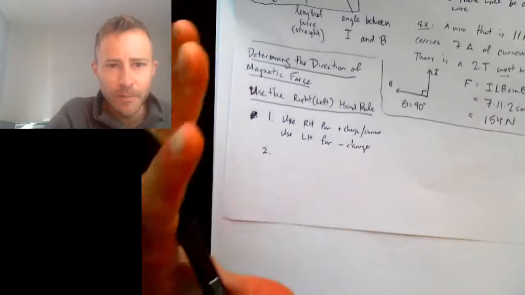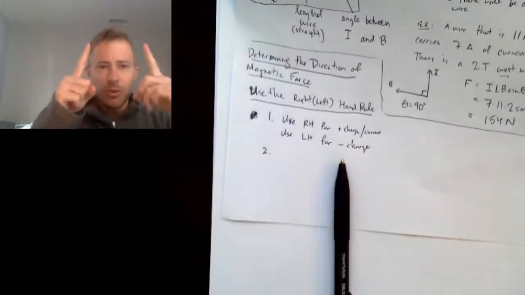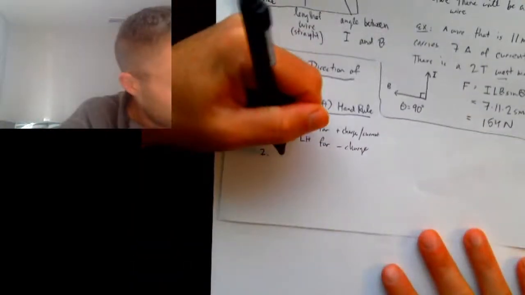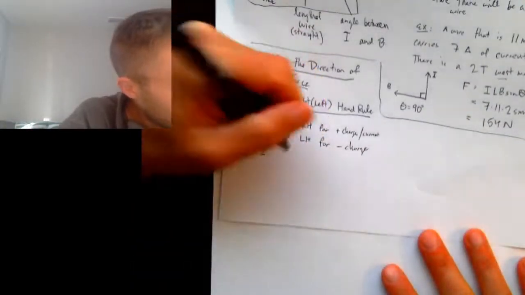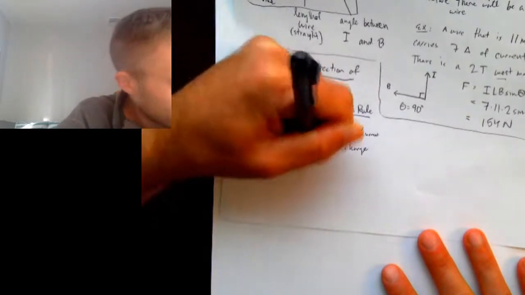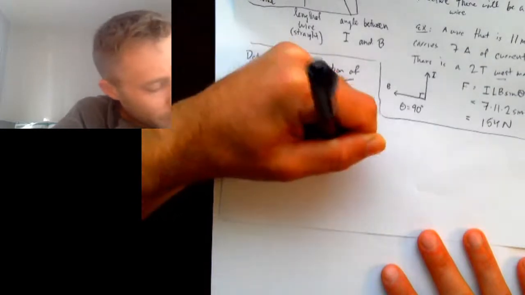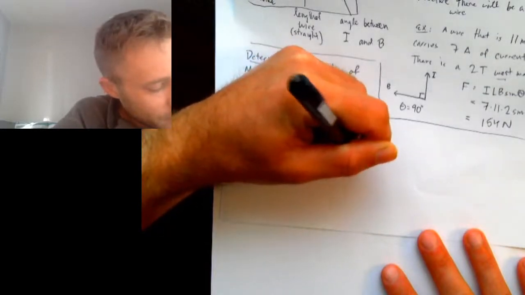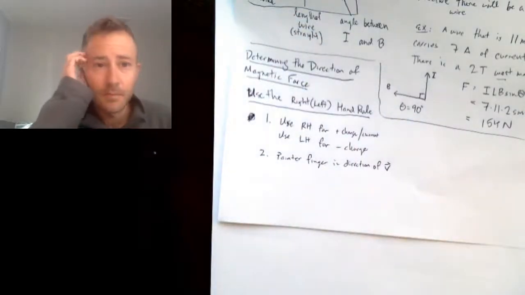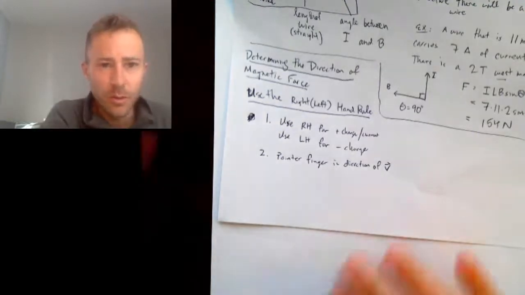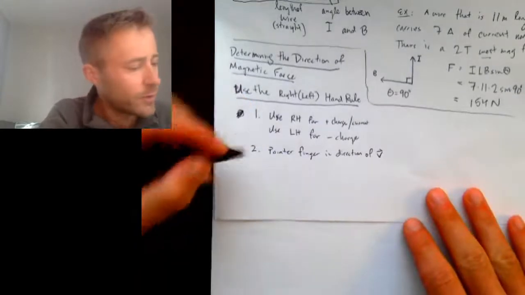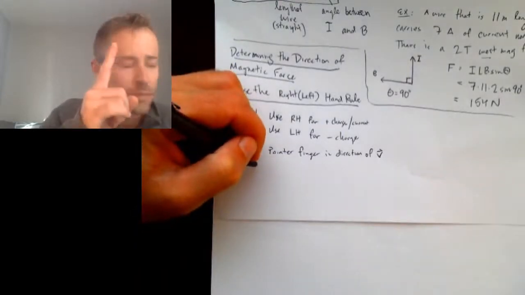Once you've done that, both your right hand and your left hand have pointer fingers. You are going to put your pointer finger in the direction of the velocity, like this.